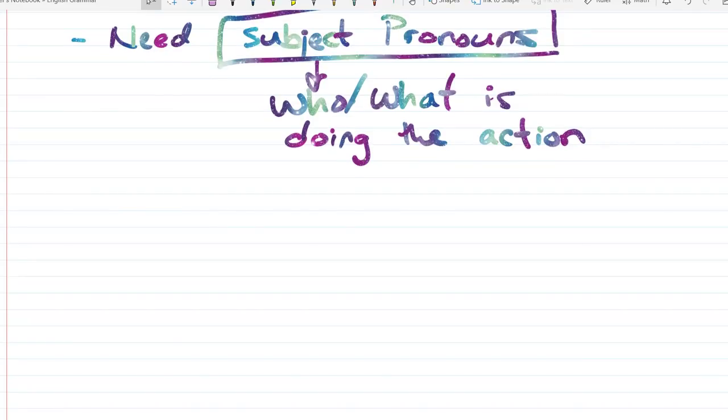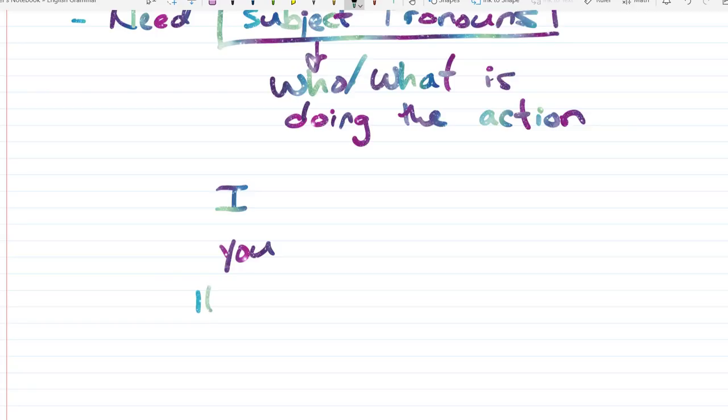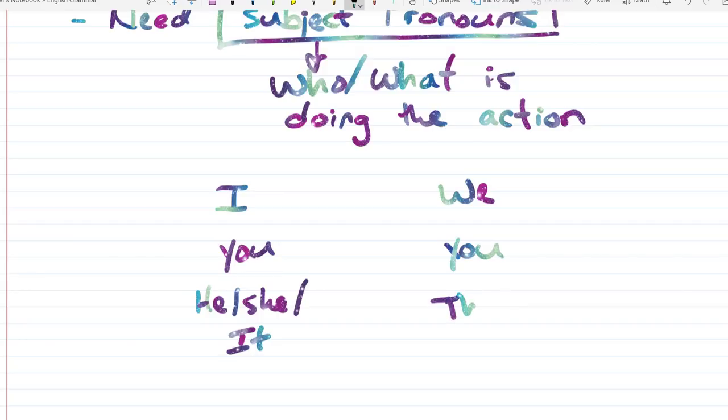And now, the way that these work is we have, here they are listed out. These are our general ways of being able to say who is doing something. We have I, you, he, she, or it, we, you, and they. And then we would add our verb to that in order to get our meaning.